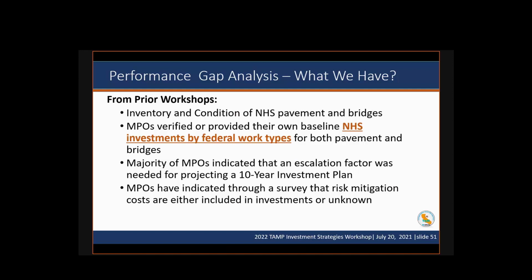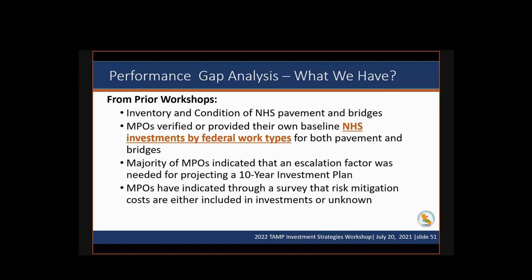That second bullet there, we spent so much time, again, starting with our financial planning workshop, Caltrans doing an analysis based on state controller office data, getting the information out to our locals on a baseline investment by these 5 federal work types and doing an estimate based on the NHS.